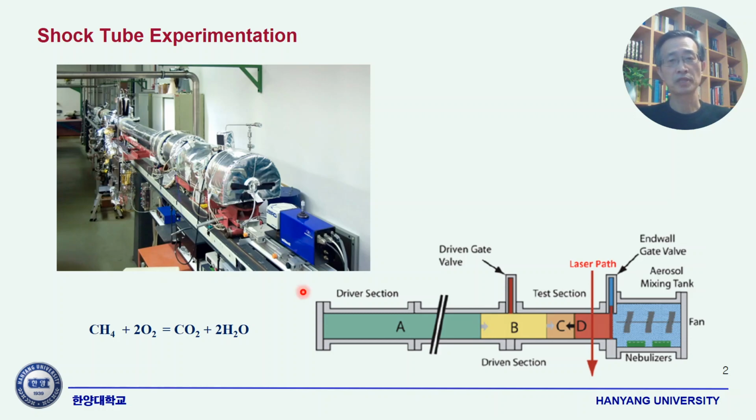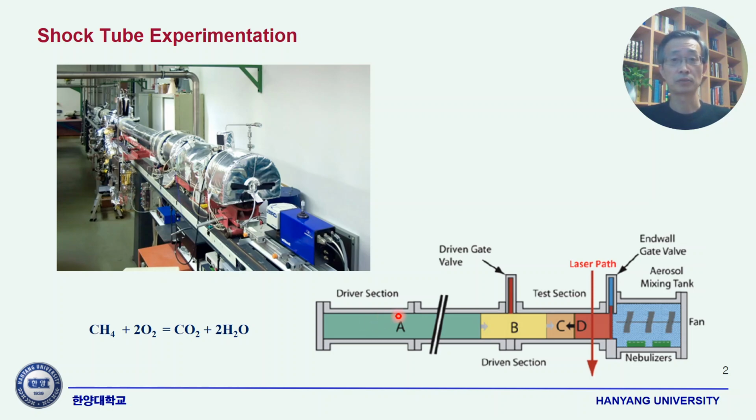So how it works is that you have a driver section, a gigantic tube, and then we put a diaphragm or a kind of block in the A section, like here on my laser pointer, and then we pressurize it with high pressure driver gas. Driver gas would be just an inert gas like argon.